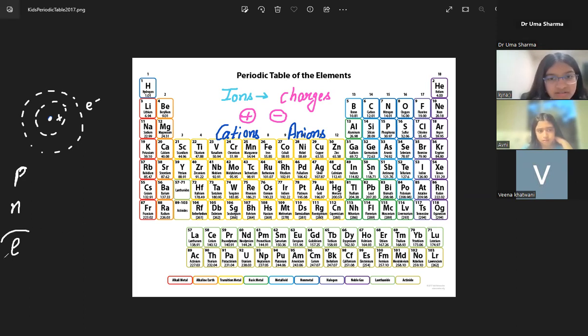Electrons. So when these cations and anions are formed, it's just the change of electrons, the adding or subtracting of an electron. So either the electrons are added or removed, right?